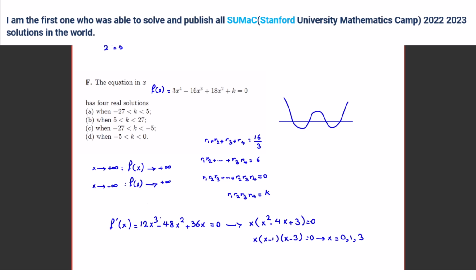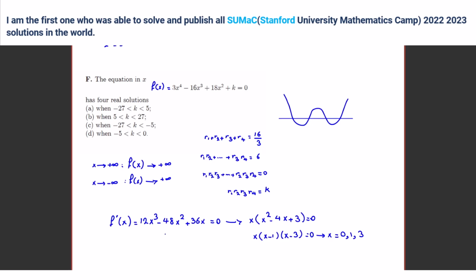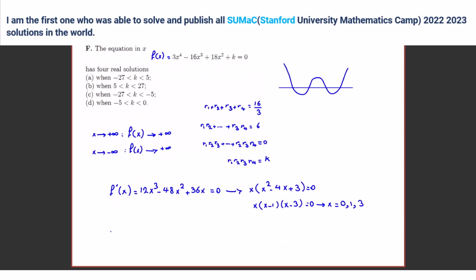Do you know when f prime is 0, it means what? That's a stationary point. We can have something like this, or this, or this. The slope of the tangent line is 0.